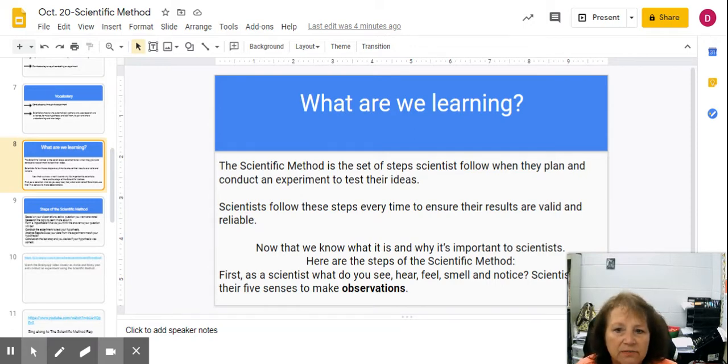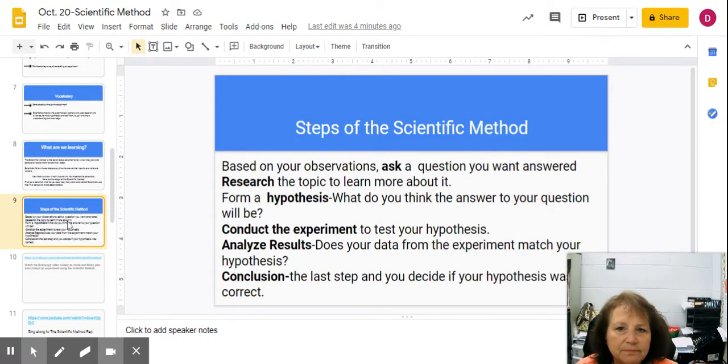First, as a scientist, what do you see, hear, feel, smell, and notice? Scientists use their 5 senses to make observations. Based on your observations, ask a question you want answered.